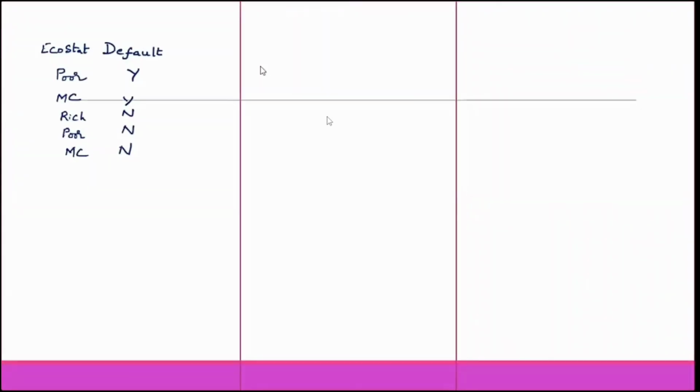What if there is a further split now? Okay, let me finish this, I'll come to that question. So this is for the first split. We have the whole data and this is what we have.